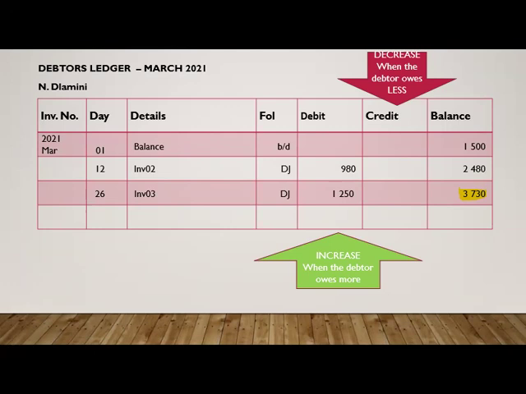I've had people doing this. I'm just showing you. I'm not saying you must do it. I've had people taking this, adding it with that, adding it with that, and then getting a total. Are you aware when you do that, you're double adding? Because already everything has been added. So can I safely say that that 3,730 is the total amount that Endlamini will owe as at the 31st of March 2021.